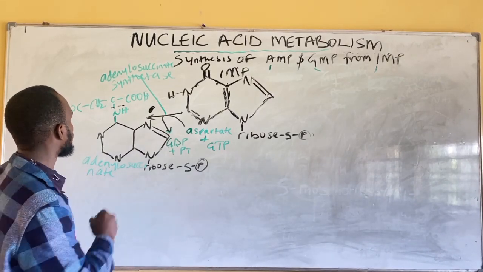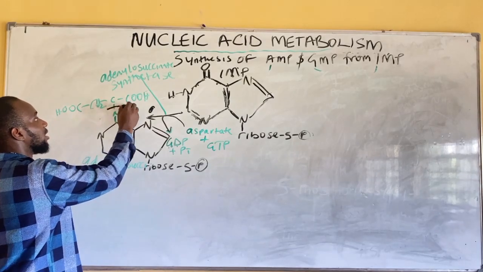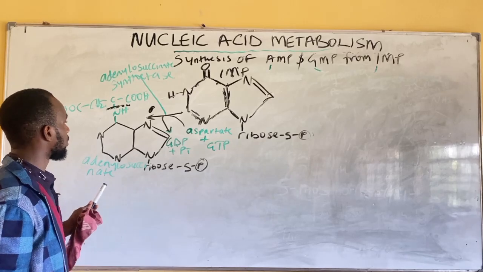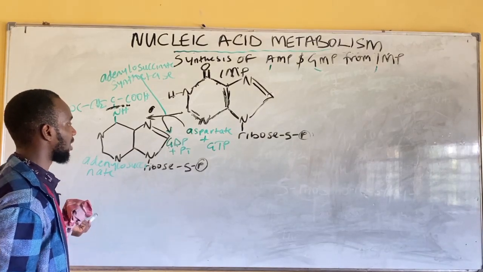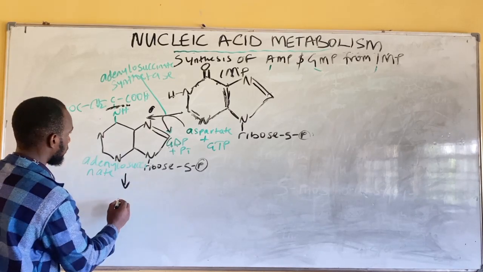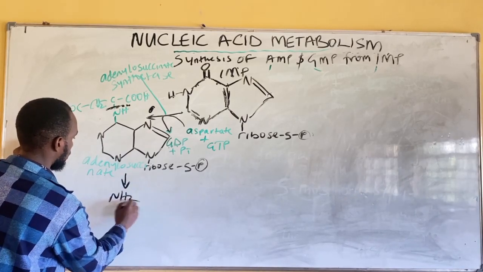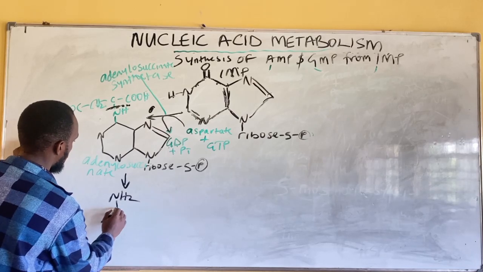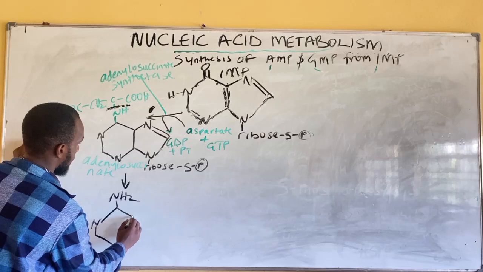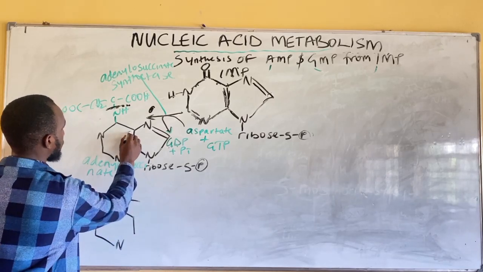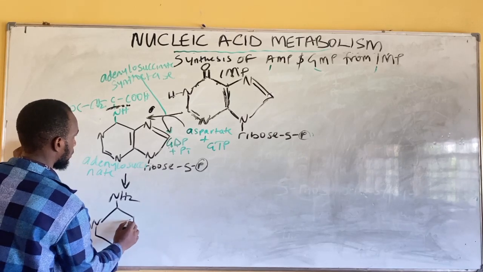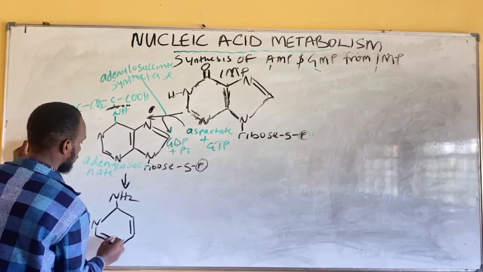Now, when there's a break at this point, it will form AMP. That's all. A break at this point will form this. There's a double bond here.